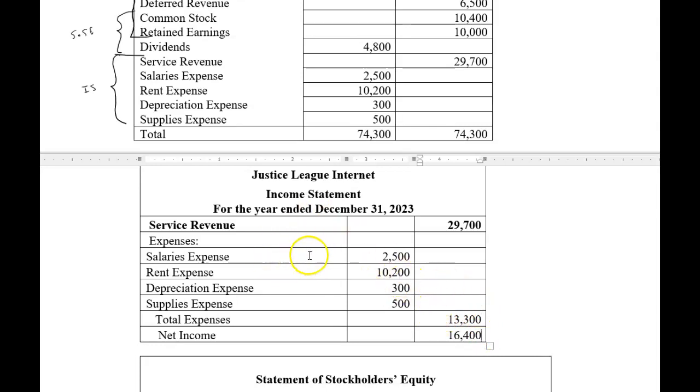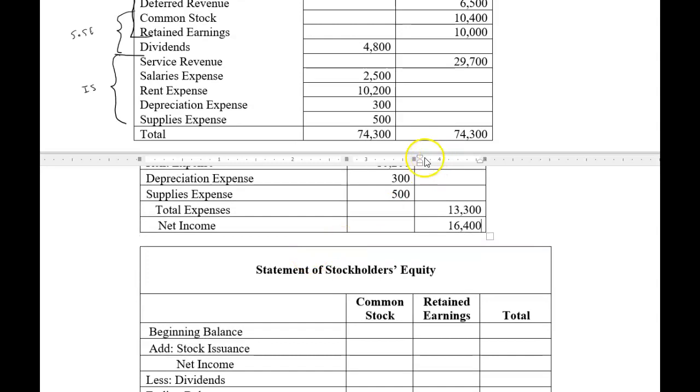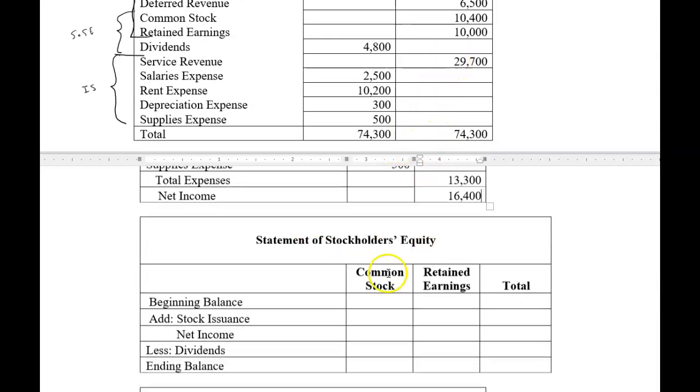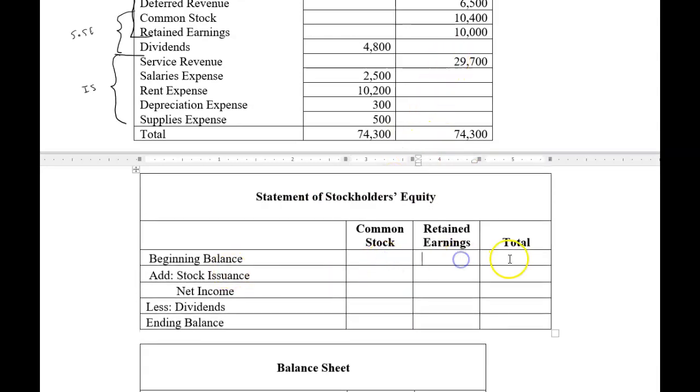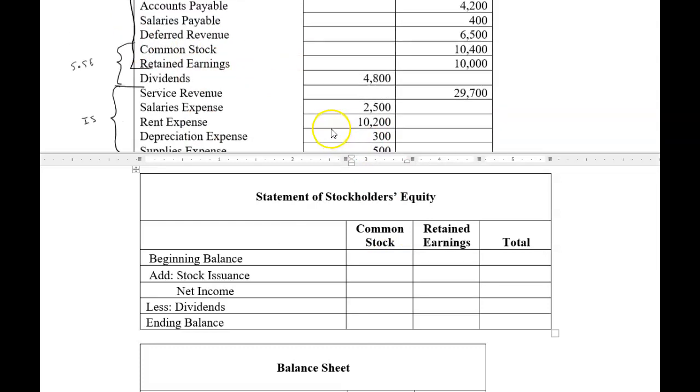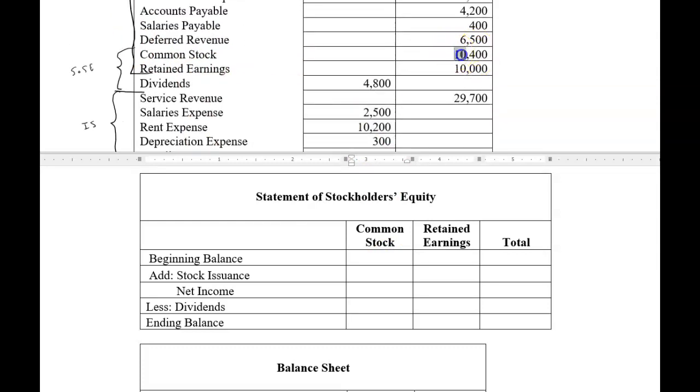Now, once we have an income statement, we can produce a statement of equity. Now, the statement of equity starts with our beginning balances in common stock, retained earnings. Now, be careful there. I'm going to pull my beginning balances from here, but that's not always the case. So your common stock, 10.4, is our beginning balance in this problem because we did not issue any additional stock.